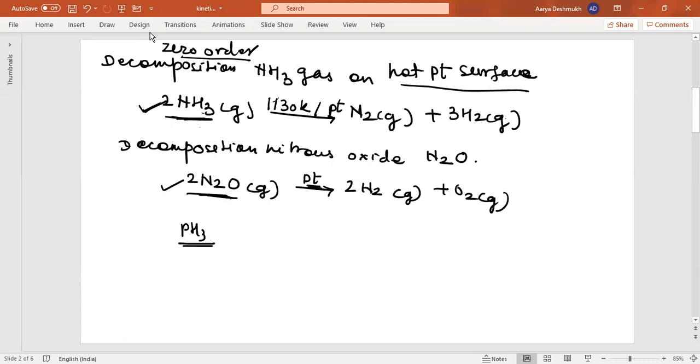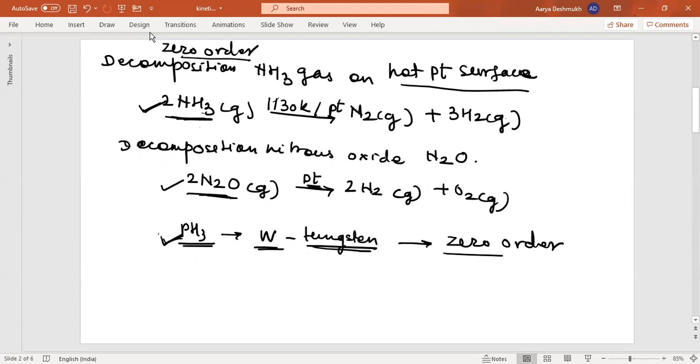And compared to the total number of PH3 molecules, those attached to the surface of the catalyst metal, that is W, tungsten, which come in contact with tungsten, are very small, and therefore the rate of this reaction is independent of the total concentration of this PH3 molecule, and therefore it also follows the zero order reaction.